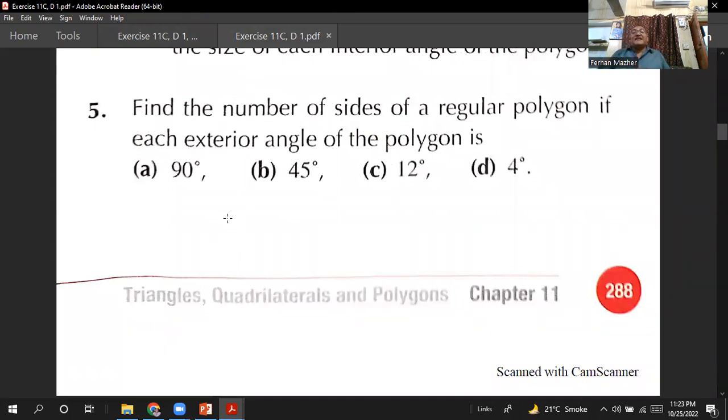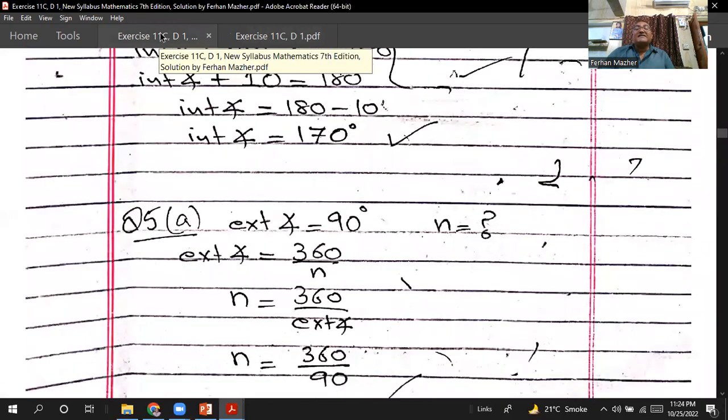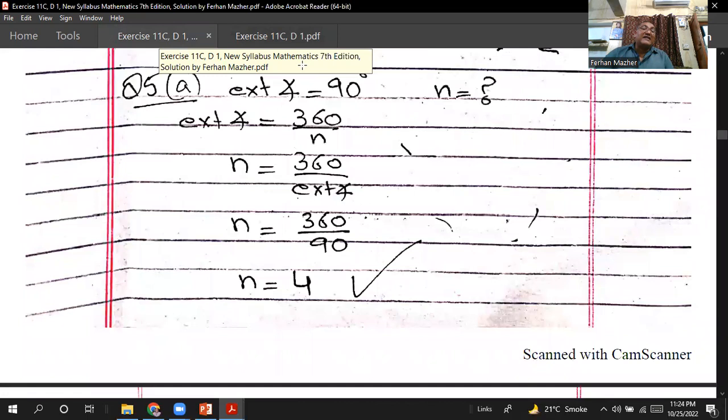From exercise 11C from the book D1, New Syllabus Mathematics 7th edition, published by Oxford University Press, we are on question number 5. It says, find the number of sides of a regular polygon if each external angle of the polygon is 90 in A part, 45, 12, and 4. Here the external angle is given and we want to find the number of sides.